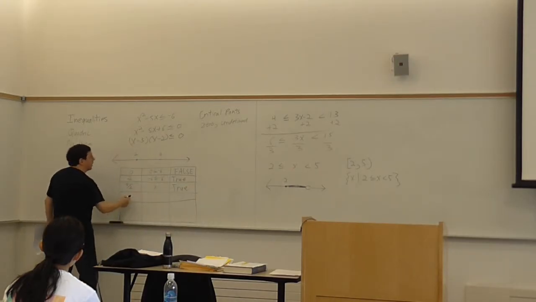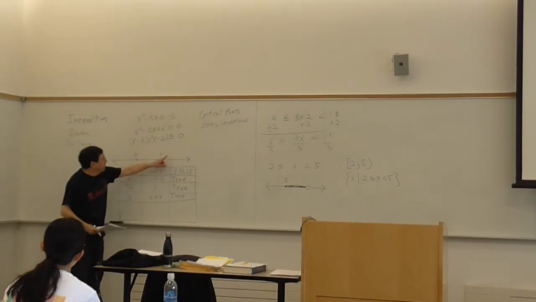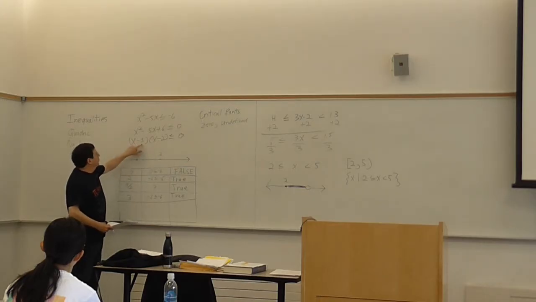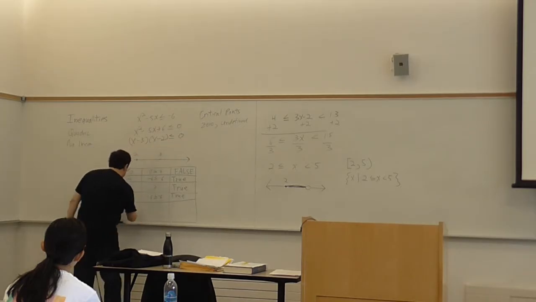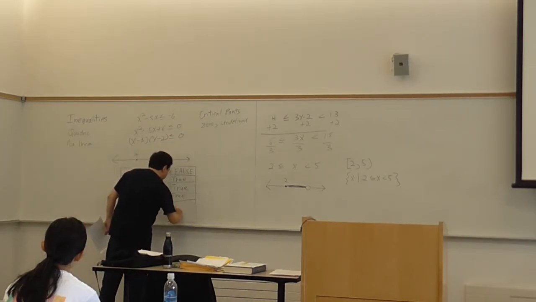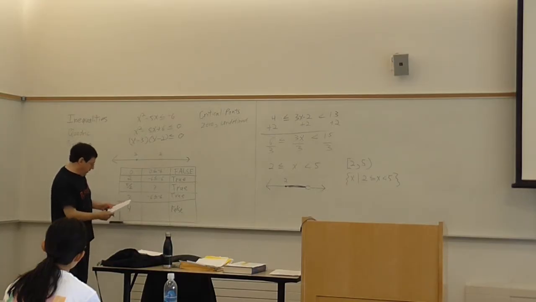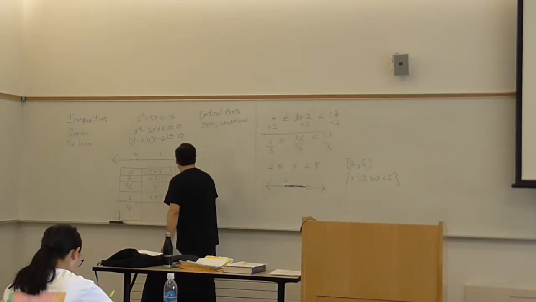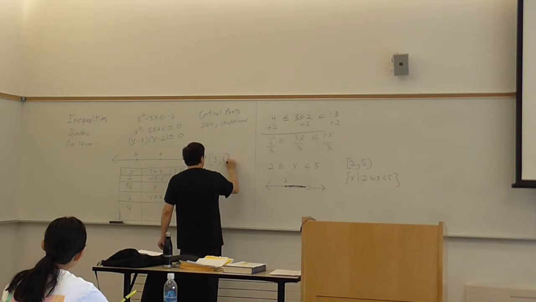Similar to 2, I can plug 3 in. I know I'll get -6 on both sides, so this is true. And then the last region I might want to check might be out here, say 4. So 4 minus 3 is 1, 4 minus 2 is 2, 2 less than or equal to 0, false. So that tells me that the solution, where it's true, is the interval from 2 to 3.